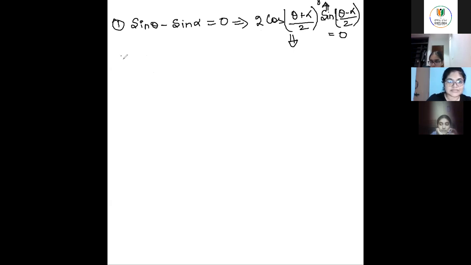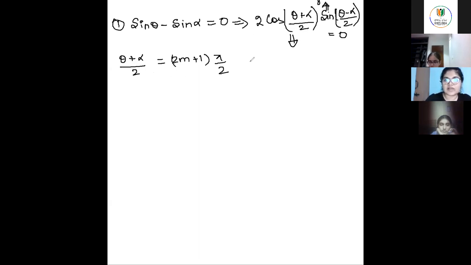So let's say (theta plus alpha) by 2 is equal to (2m plus 1) pi by 2. Why? Because we know the angles for which the value of cos is 0 are the odd multiples of pi by 2. So I'm taking the odd values of pi by 2 only.